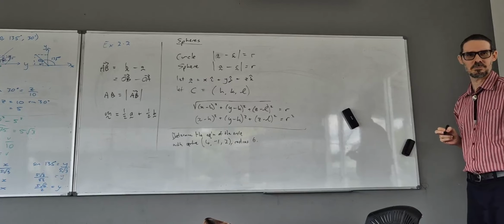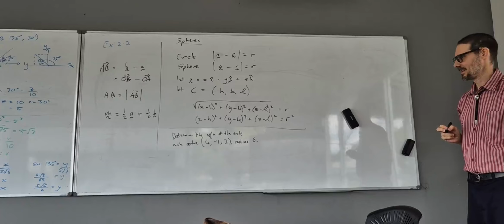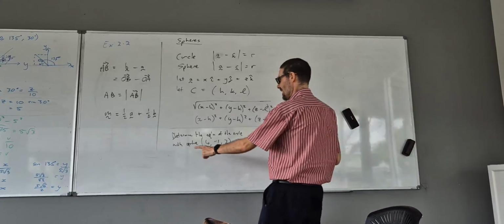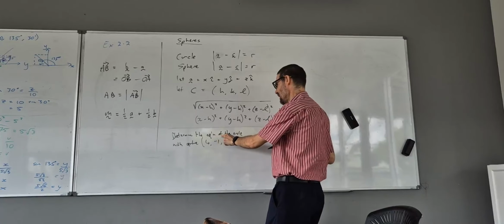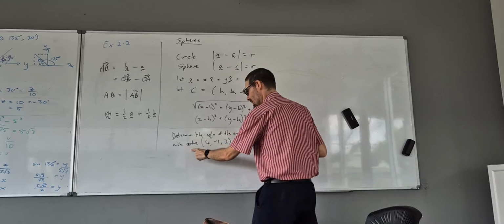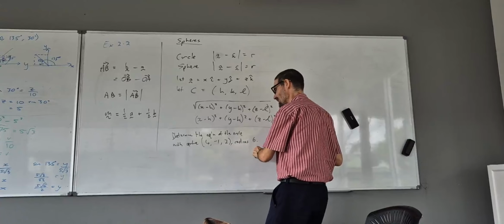That is messy writing. I actually don't know what that says. Determine the equation of the circle with centre 4, minus 1, 2, and radius 6.